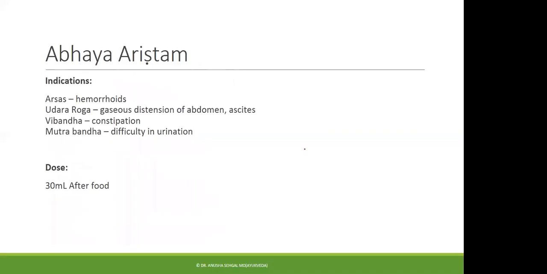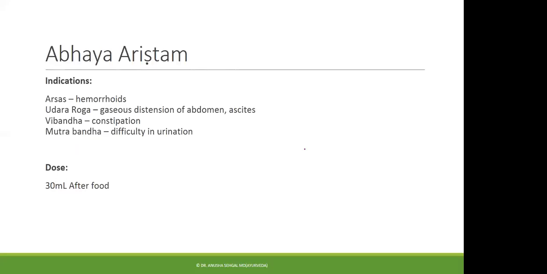Okay. So the indications for this is used actually for multiple conditions, for many different types of Vātaja disorders. It's used specifically for Arśas, also used in Udara, where there's the gassy distension of the abdomen, or even ascites.